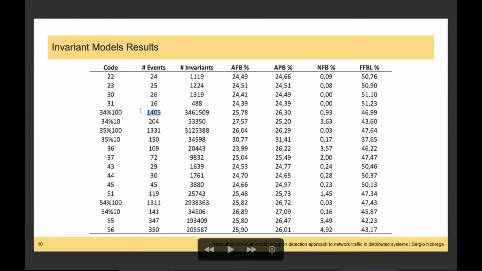And when we have, for example, 1,400 events, then we end up with 3 million invariants. So it has some sort of exponential growth based on the number of events. That is because once you have more detailed events, you allow for more specific connections to be built within invariants and greater detail to be absorbed into the models.